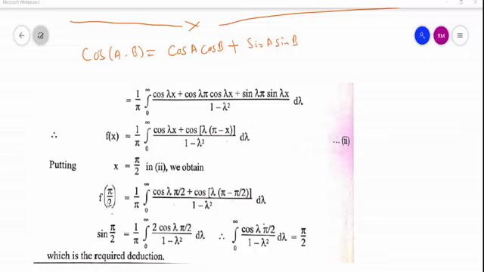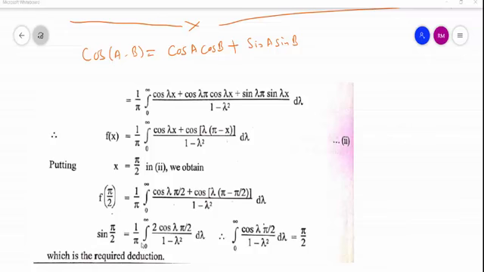So what is f of pi by 2? If we observe the structure of the function given in the problem, that is nothing but sin pi by 2, because pi by 2 lies between 0 and pi. So sin pi by 2 is equal to 1 upon pi, integration from 0 to infinity, and here pi by 2 is there, here also pi by 2 we get, so 2 pi by 2.